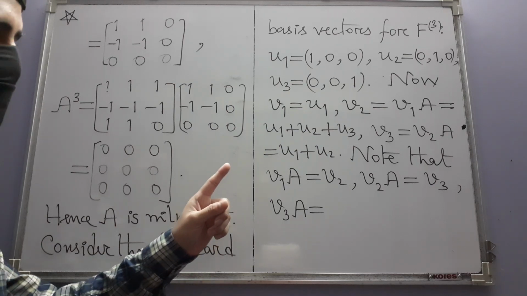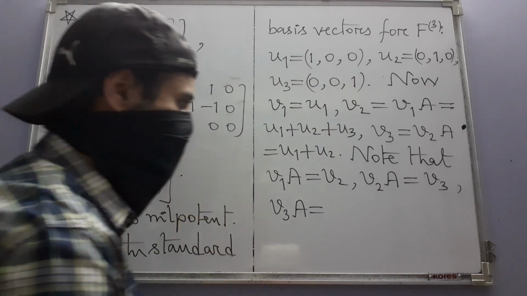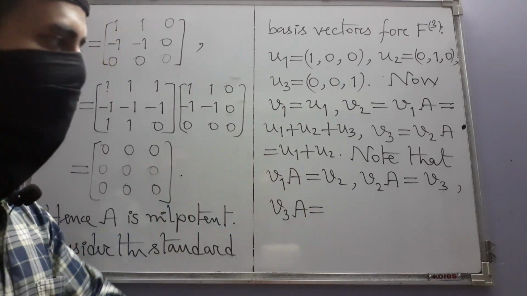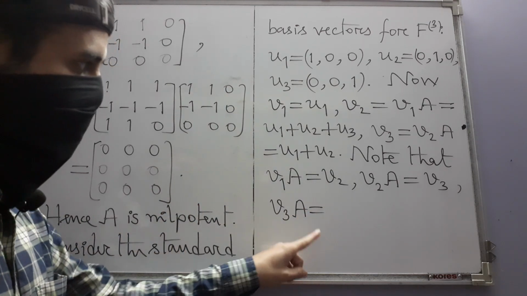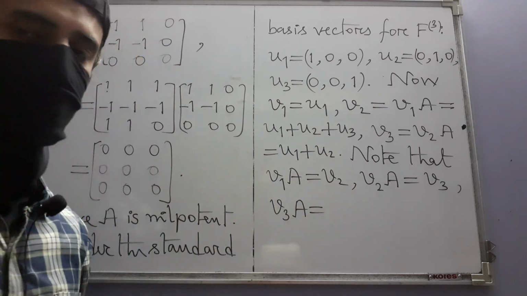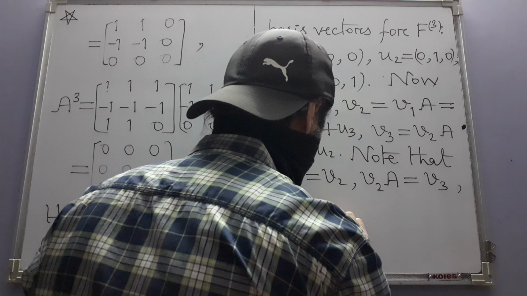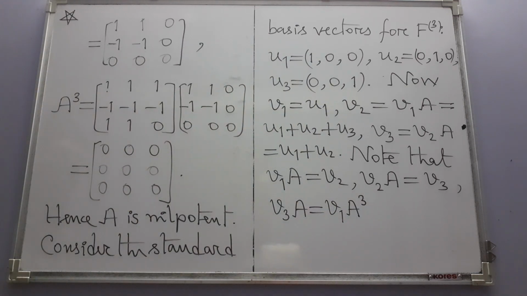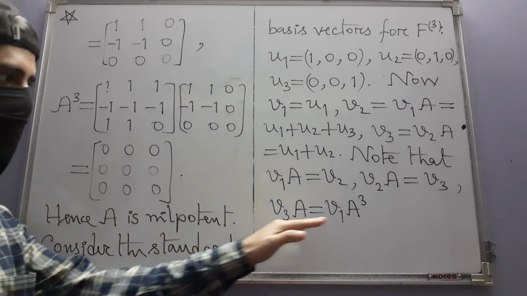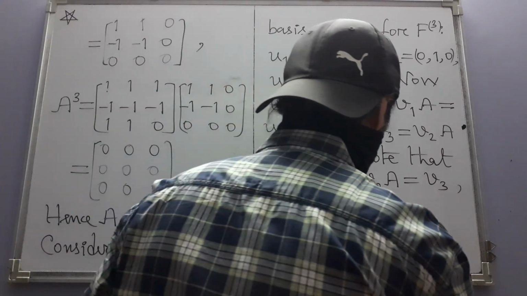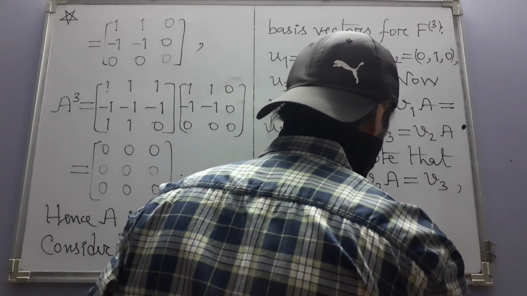If you express it in terms of V1, V3A is V2A, but V2 itself is V1A, so this is V1A cubed. However, A cubed is the zero matrix, and so as a linear operator, it's also going to be the zero operator. So this gives you 0.